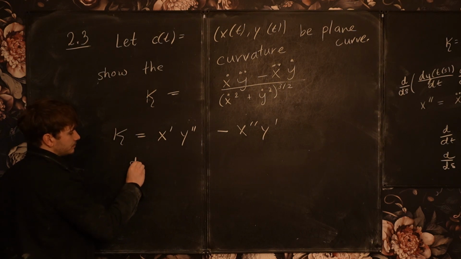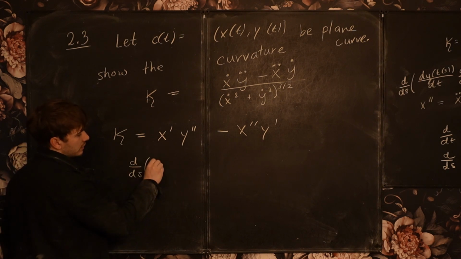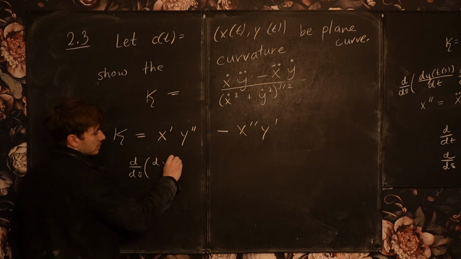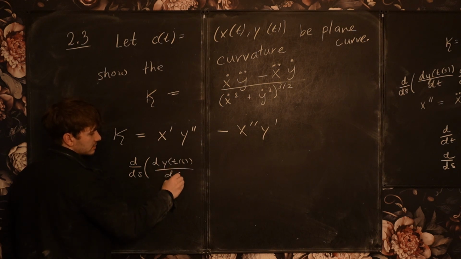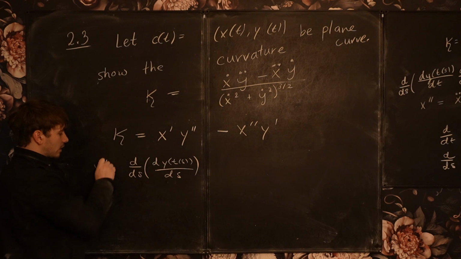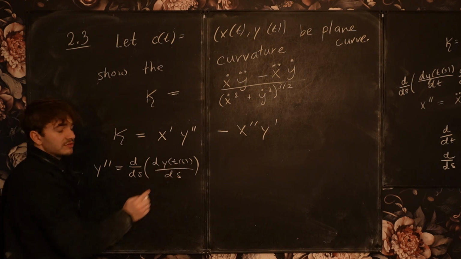So we have d over ds of dy of t of s over ds. So this is y double prime. I'm just taking two derivatives with respect to s, the arc length parameterization, of y of t of s.